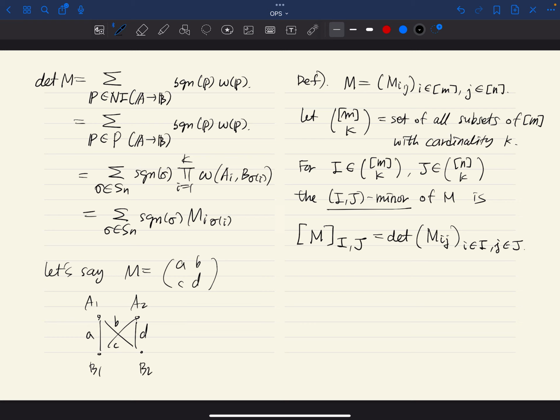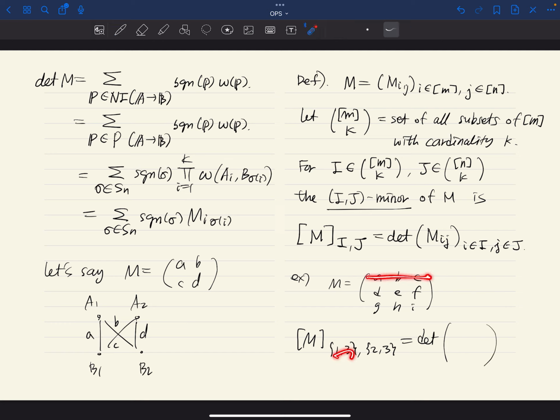So for example, it's too simple, but M equals A, B, C, D, E, F, G, H, I. And the minor with I equal to {1, 3} and J equal to {2, 3}: you just select the first and third rows, and the second and third columns.